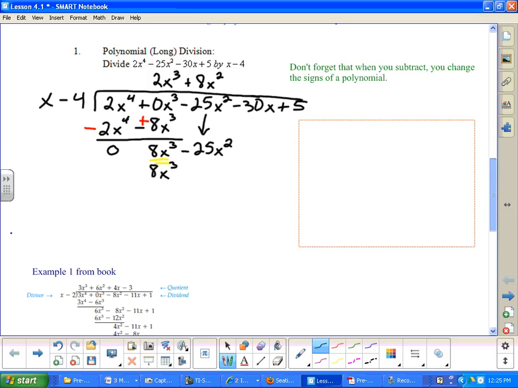Like I said, those always have to be the same. And then 8x squared times negative 4 will be negative 32x squared. And once again we subtract. So when we subtract, we change the signs. So these first two, 8x cubed minus 8x cubed is 0. And negative 25 plus 32 would be 7x squared. And then we bring down the next term.